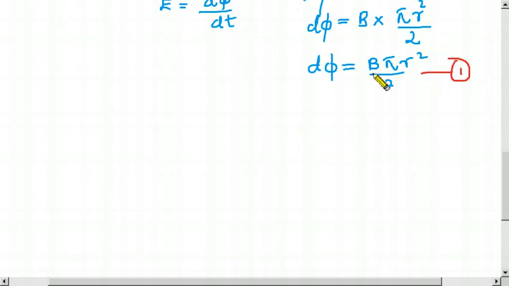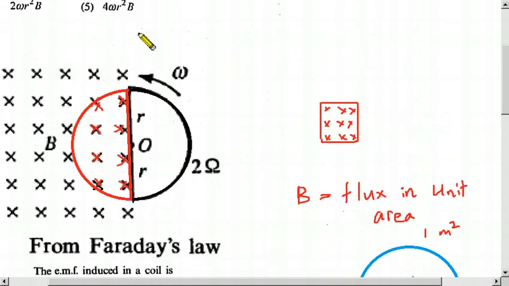Then let us try to find out what dt is. dt is the time taken for this conductor to rotate from this place to this place. If it rotated a full circle, what is the time?